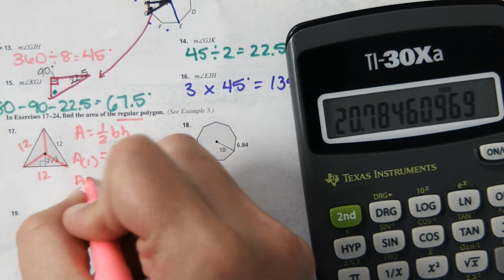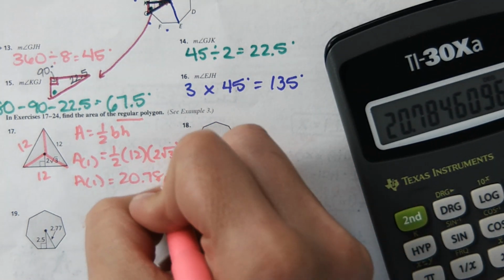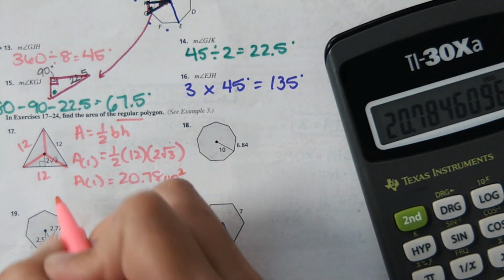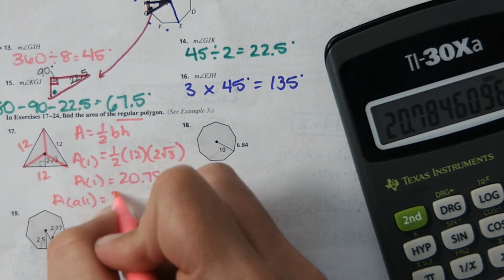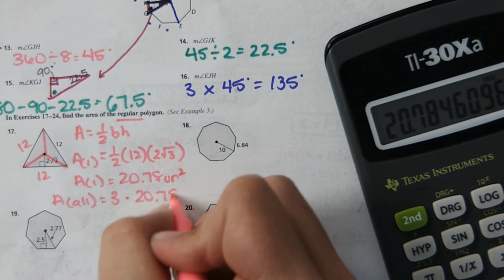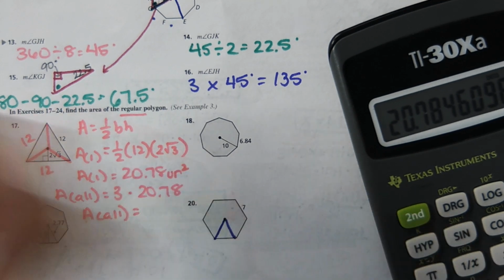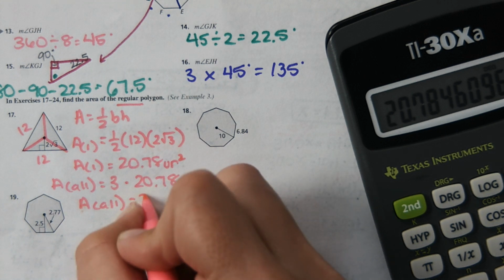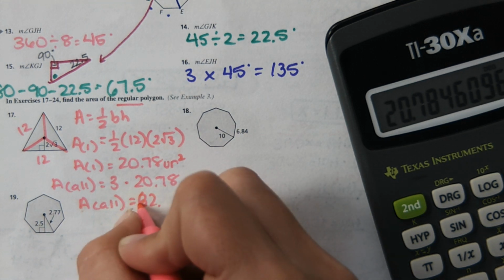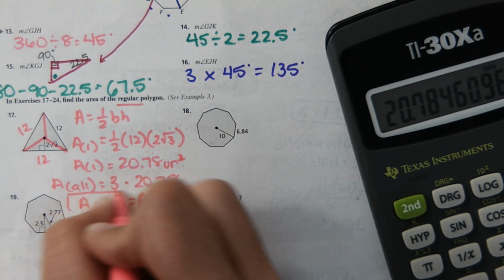So the area of one triangle is 20.78 units squared, but I have 3 of them. So the area of all will be 3 times 20.78. So area of all will be 62.35 is what it comes out to. 62.35 units squared.